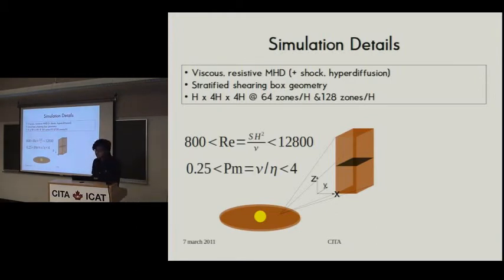You fix the shear rate being minus 3/2 omega? Yes, that's right. The shear rate is always minus 3/2 omega here. And at your highest Reynolds numbers, is numerical dissipation playing a significant role? I mean, is it well resolved? It's well resolved with 128 zones per scale height, and we actually have one that we ran for a slight bit at 256 zones per scale height.